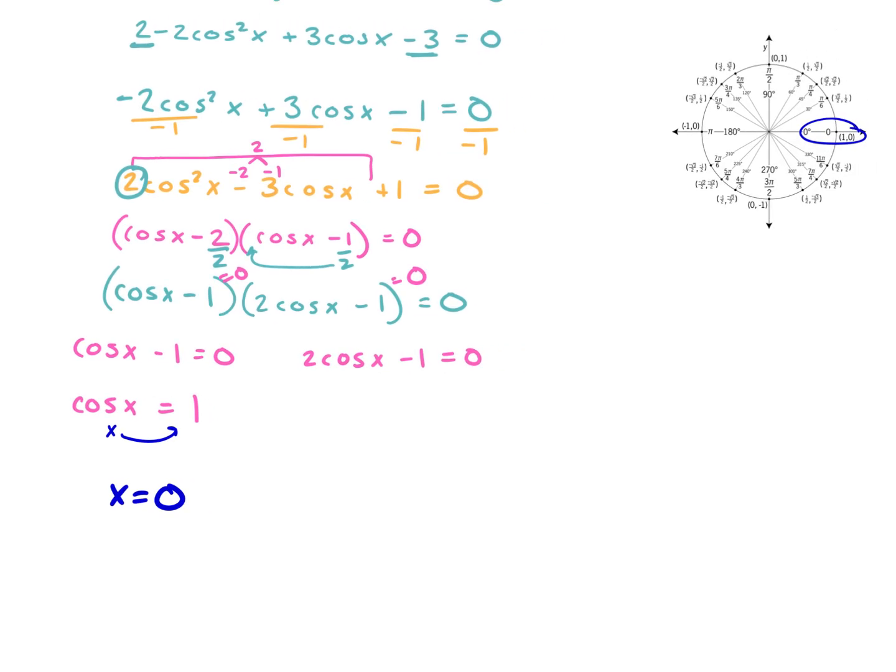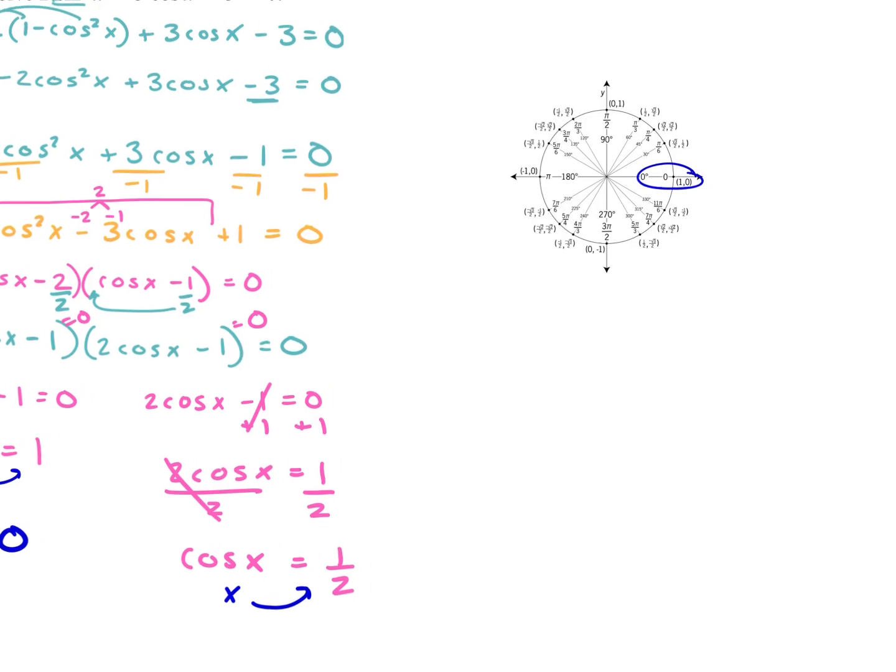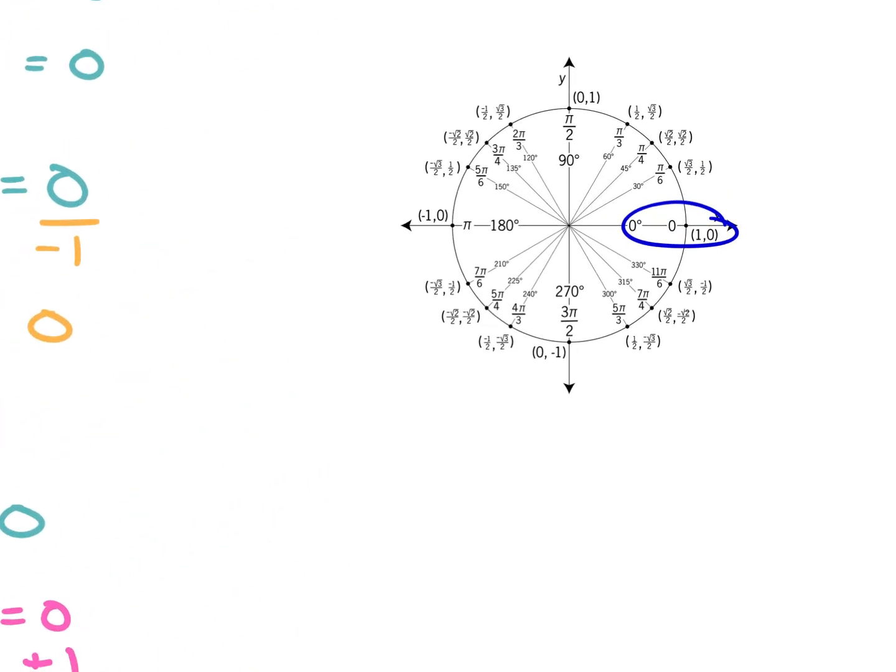Let's do the second one now. Let's solve for cosine. So we're going to add 1 to move it to the other side. Divide by 2. So cosine x equals 1/2. Same thing. Cosine tells us we look at the x value on our unit circle. Where is our x value positive 1/2? Pi over 3.